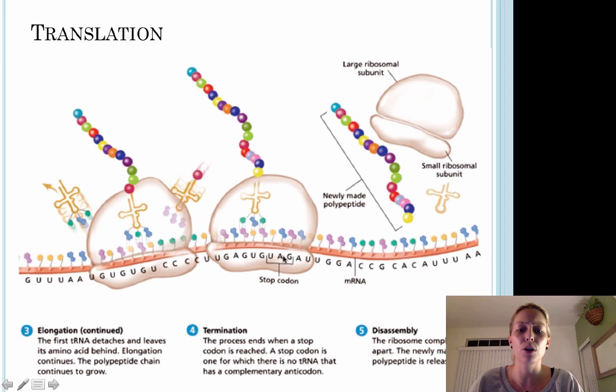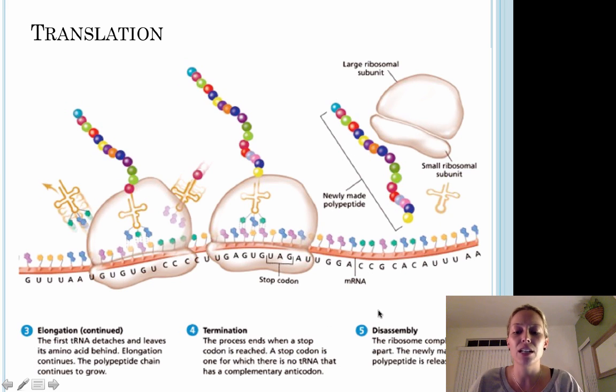Once a stop codon has been reached, that's the termination process. There is no tRNA that codes for a stop, so when a stop codon is reached, no tRNA is going to arrive there. That signals to the ribosome, the mRNA, and the tRNA that it's done making the polypeptide.